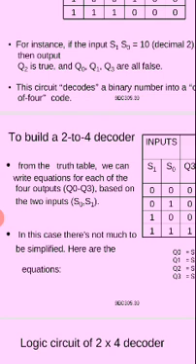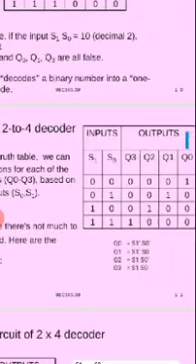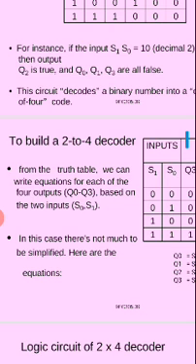To build a 2 to 4 decoder, from the truth table, we can write equations for each of the 4 outputs Q0 to Q3 based on the 2 inputs S0, S1.